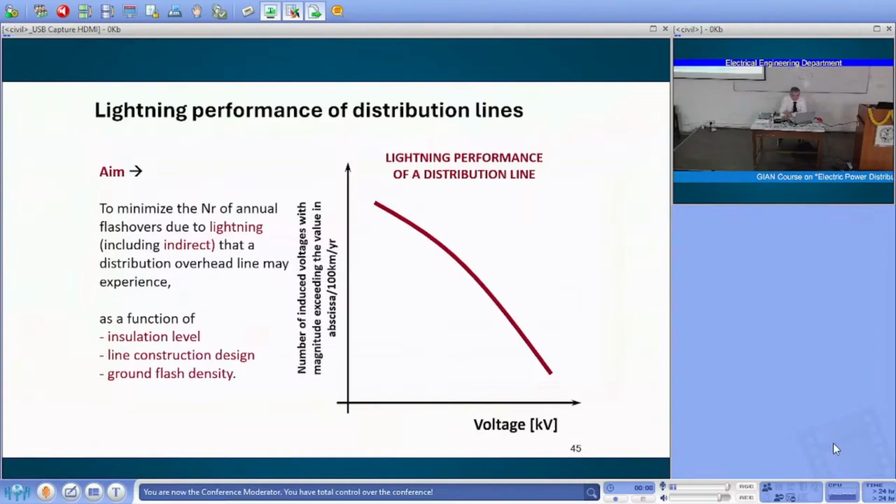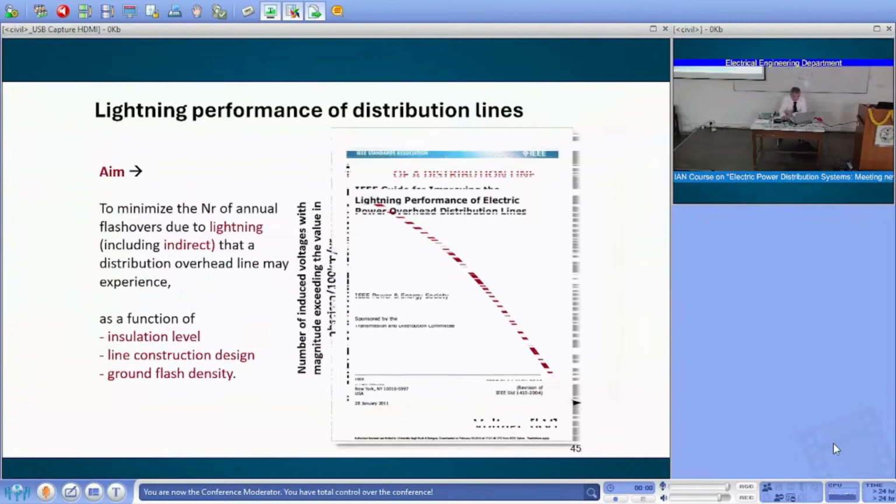So the number of events that create an overvoltage larger than the insulation level of the line, in order to minimize the number of annual flashovers due to lightning, including indirect events, that a distribution overhead line may experience. And of course, it is a function of insulation level, line construction design, and ground flash density.